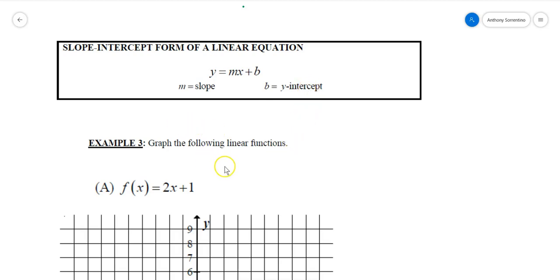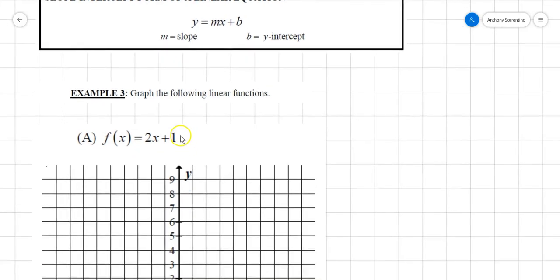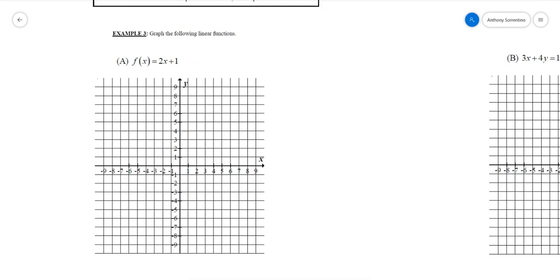So when we look at graphing this, if I have it in slope-intercept form, it's pretty easy. So let's look at this first example here. When I look at this, it is in the right format. The only thing that's different is instead of saying f of x, we're just saying that y equals something. But don't let that throw you.